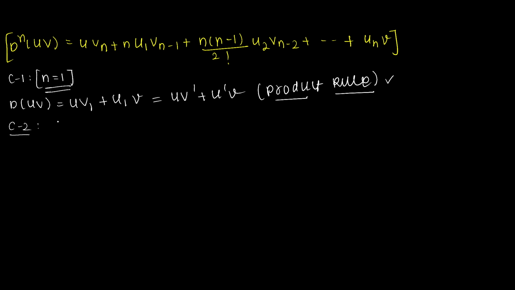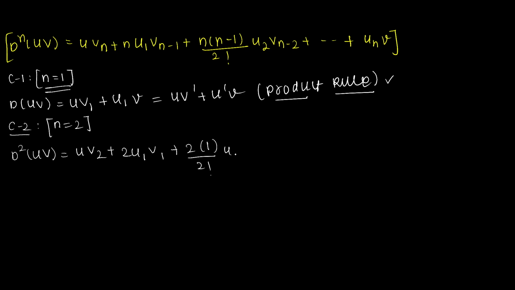Let's take case 2. When I have n equals 2, let's substitute the value. I'll be getting d2(uv) equals u v_2 plus 2 times u_1 v_(2-1), which is v_1, plus 2 times (2-1), which is 1, upon 2 factorial u_2 v_(2-2), which is v_0, which is v.